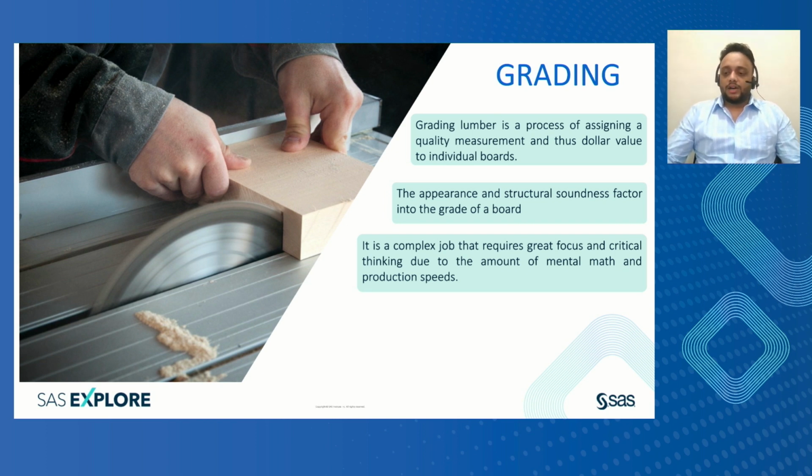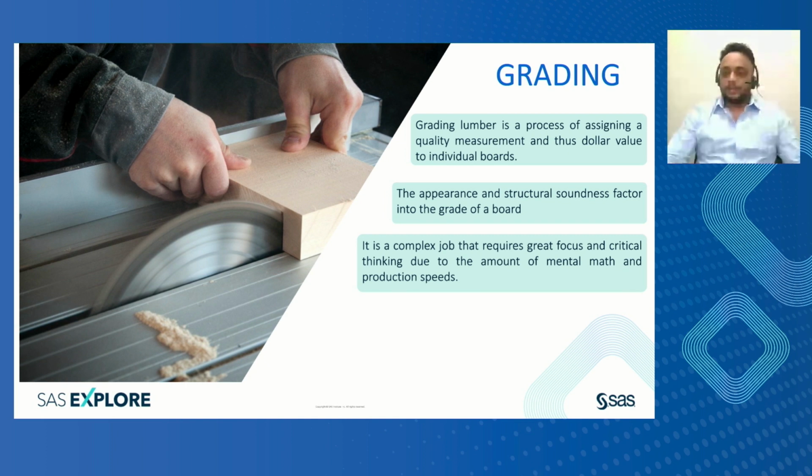Raw lumber is nothing but raw timber you get from the forest, and for making it market ready, it should be processed. In the process we basically do a grading of lumber based upon the structural soundness factor, which helps to grade that lumber. So I'll explain what grading is.